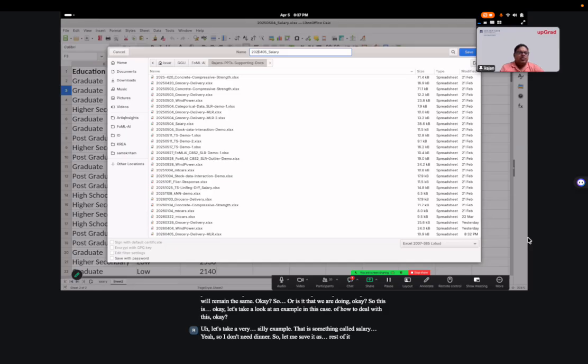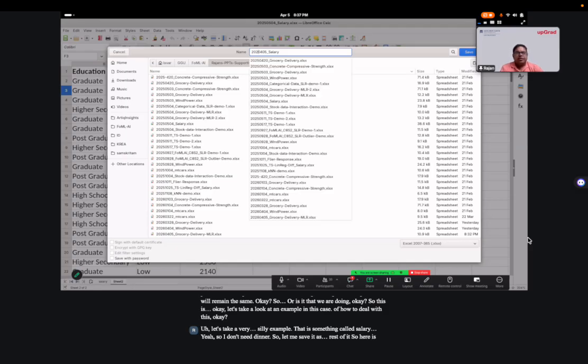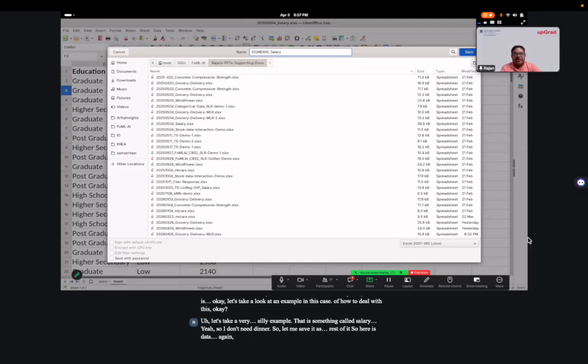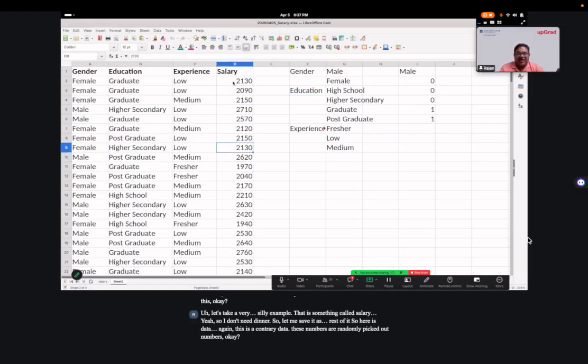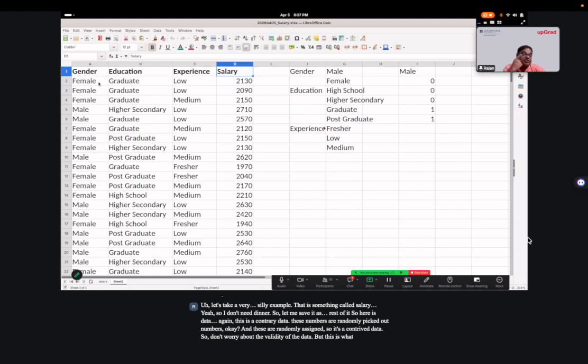So here is the data. Again, this is contrived data. These numbers are randomly picked and randomly assigned, so don't worry about the validity of the data. This is just a demonstration.